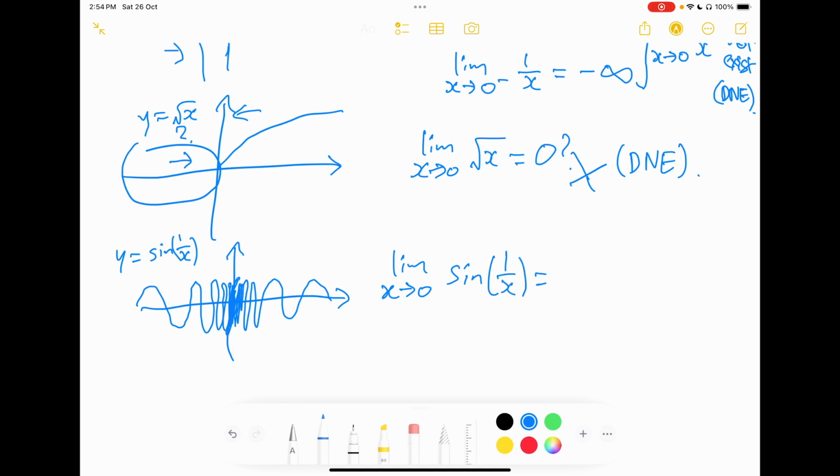In fact, you'll find that it's impossible to find such a value because as you zoom in to the graph, you can use software to do it, you'll find that it just keeps fluctuating, right? It never truly stops at a value. It just keeps going. And because sine oscillates from 1 to negative 1, you'll just get an entire range of values from 1 to -1, and you wouldn't know where it stops when it reaches 0. So because of that, this limit also does not exist.